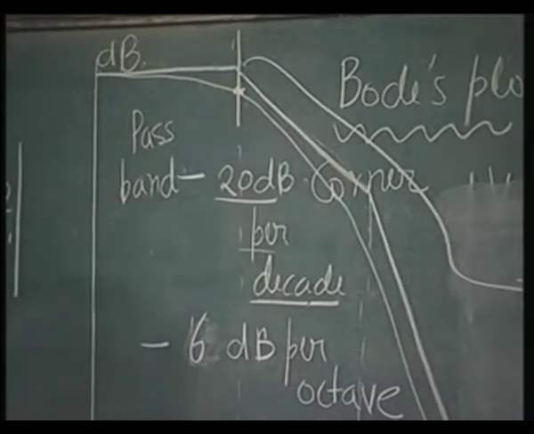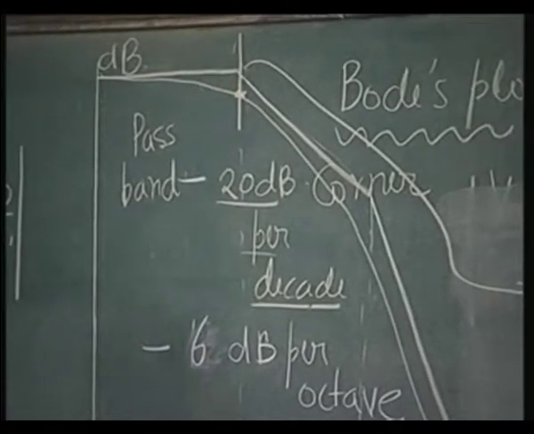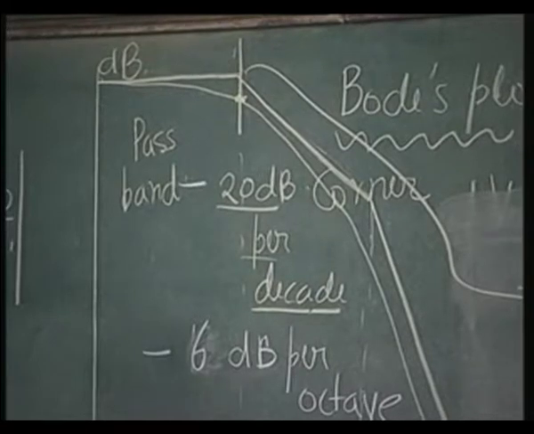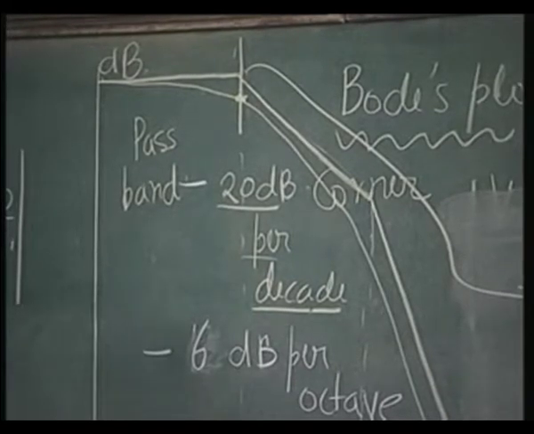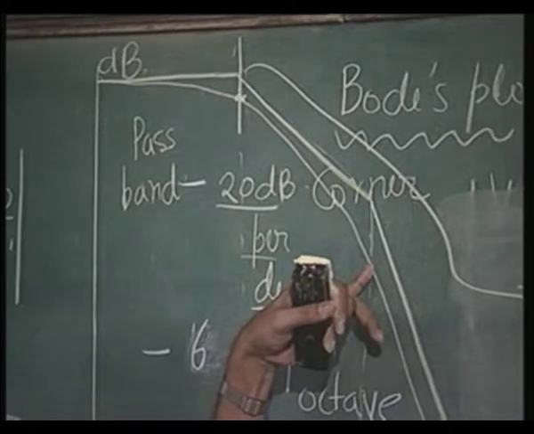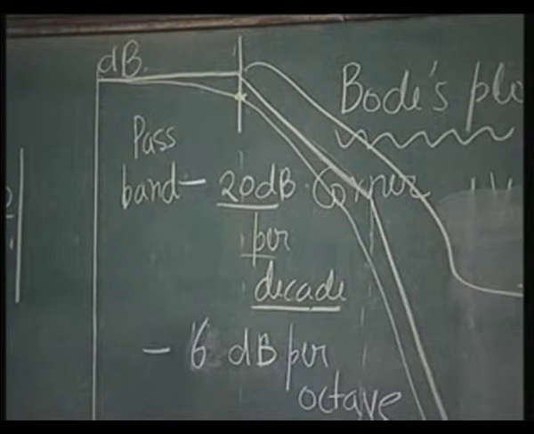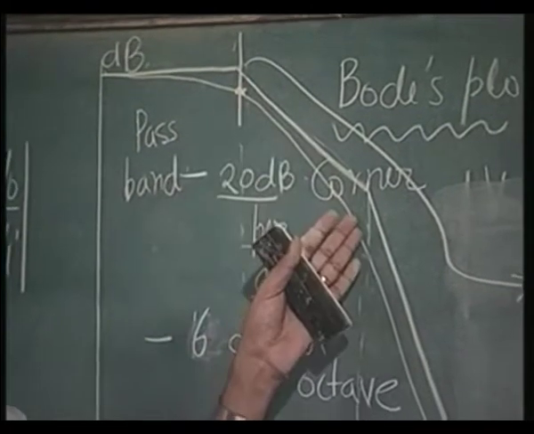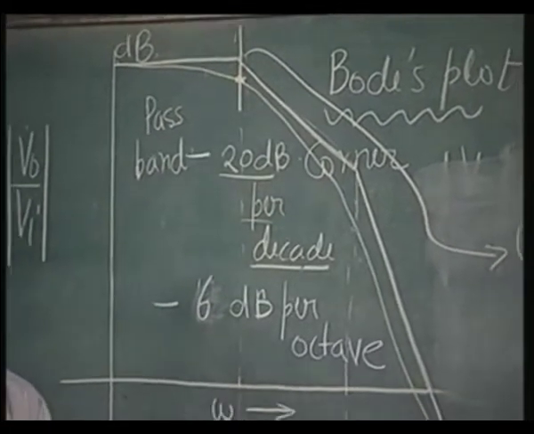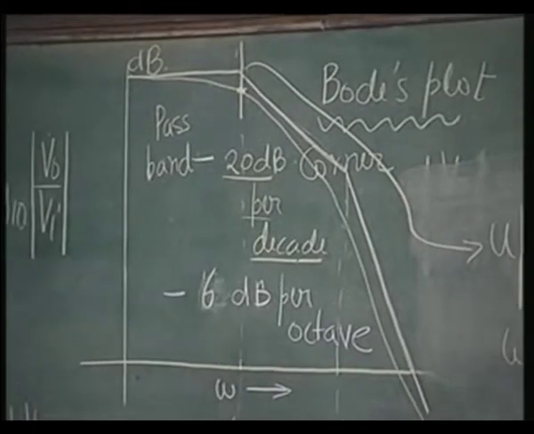So here it will be suffering an actual attenuation of 3 decibels. At every corner frequency it will suffer an additional attenuation of 3 decibels. So at this point it would definitely suffer maybe an additional attenuation of 3 decibels apart from whatever it has further suffered due to the first corner frequency.